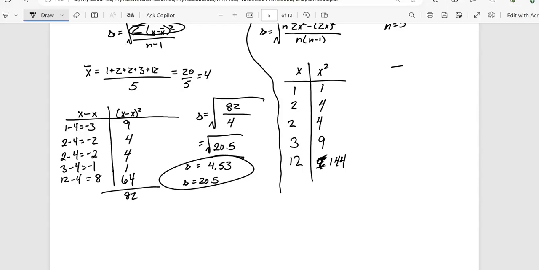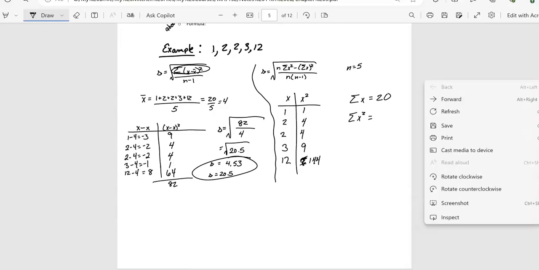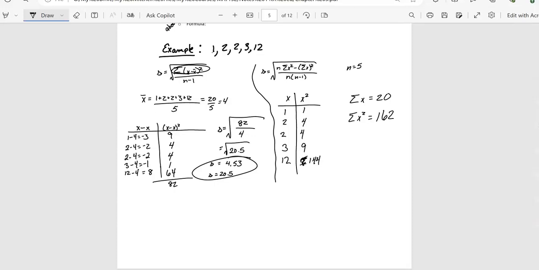So now let's find the sum of the x's and the sum of the x squareds. If I add up this column, this is going to give me 20. If I add this column, I get 162.